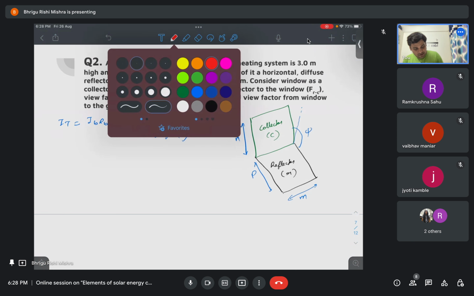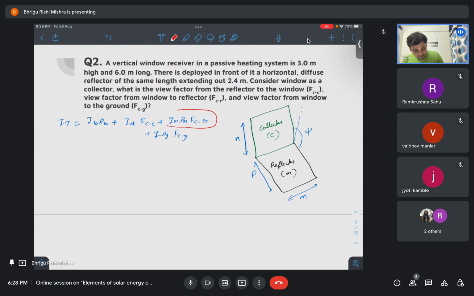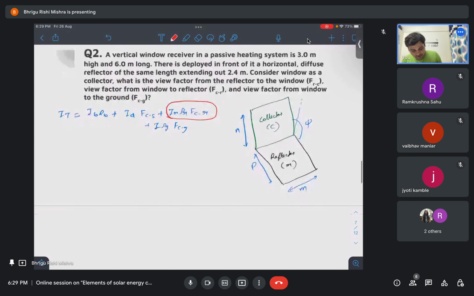So this extra term is from the reflector, IR rho R FCR. Here IR is the radiation the reflector is getting, rho R is the reflectivity of the reflector, and FCR is the view factor from collector to reflector. So here we have 3 view factors, FCS plus FCR plus FCG equals 1.